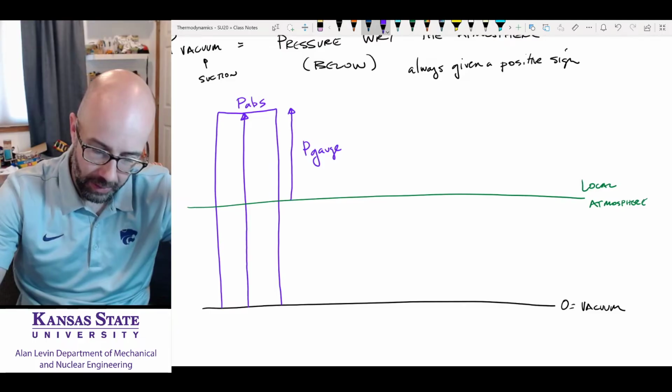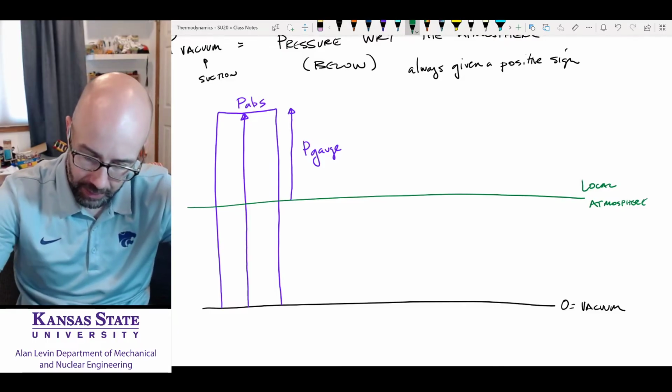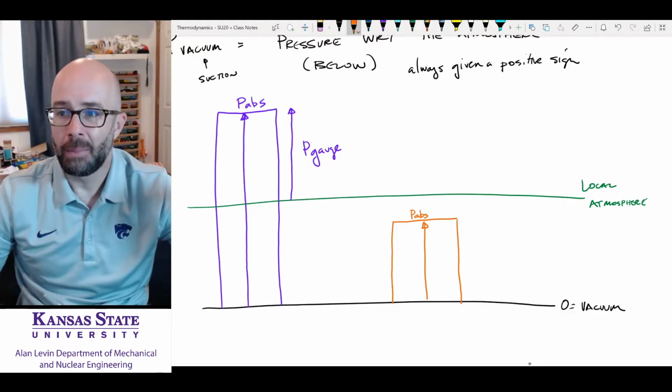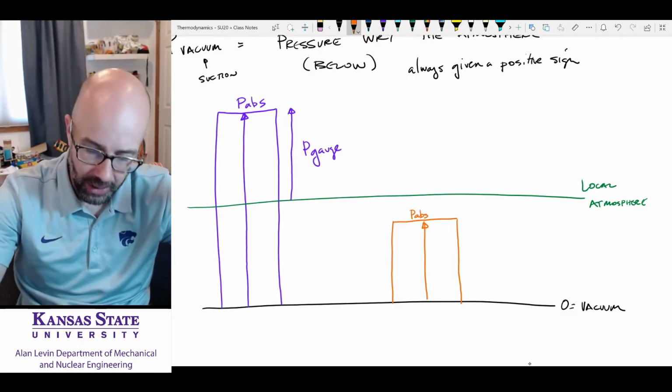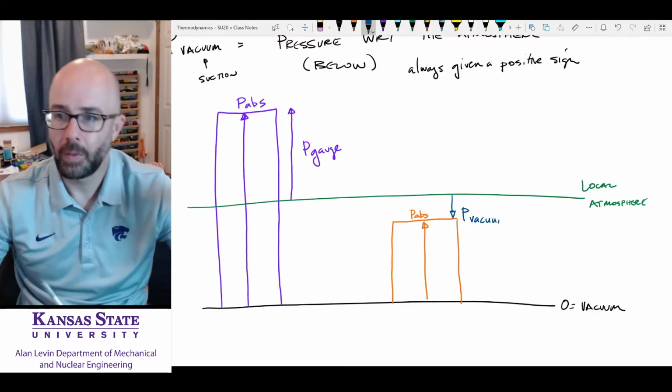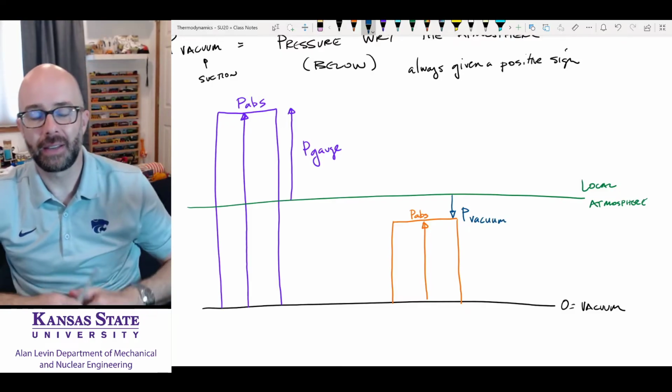Now again, if we look at this and say, this is my pressure absolute, but I know that's below the local atmospheric pressure, and I look down from the atmosphere, this is going to be my pressure vacuum. Okay, that's what we need to discuss.